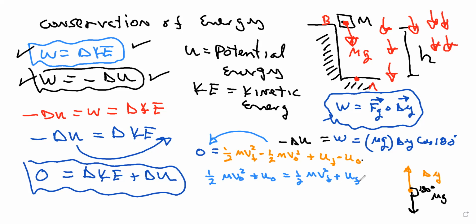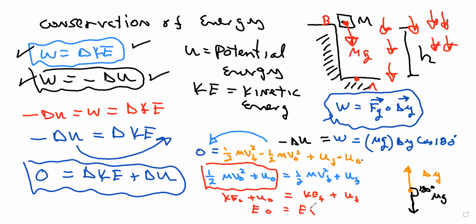So we have here that this is the initial kinetic energy plus the initial potential energy, which is equal to the final kinetic energy plus the final potential energy. And we can say that this is the initial energy, and that's equal to the final energy.